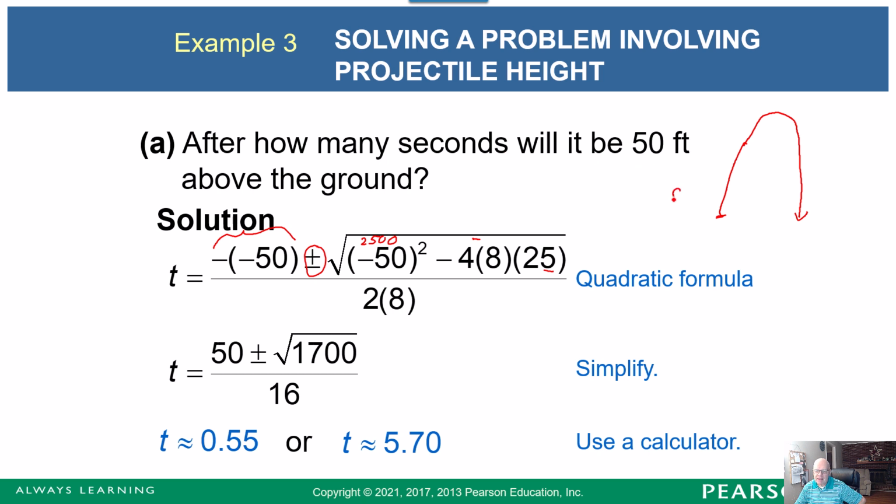Well, let's say this is 50 feet. That means that it's going to be hitting 50 feet two different times, on the way up and on the way down. So after 0.55 seconds, it's going to be 50 feet above the ground. After 5.7 seconds, it's going to be 50 feet above the ground again.